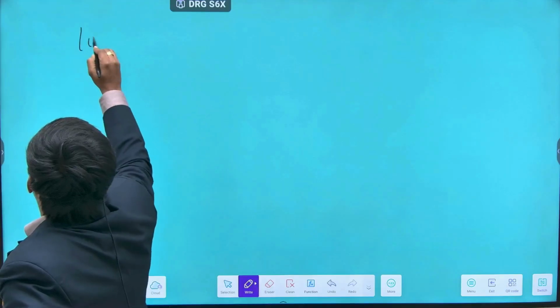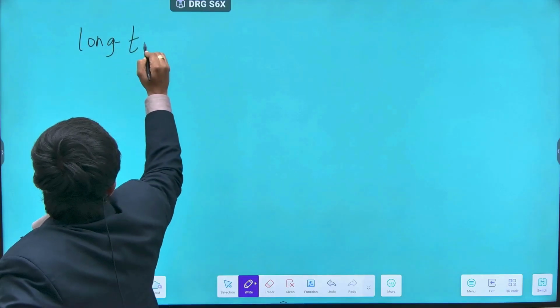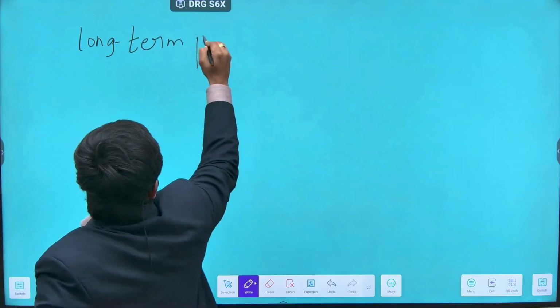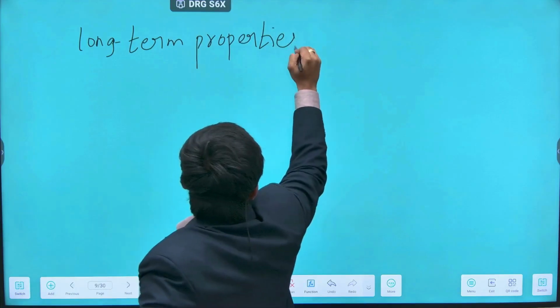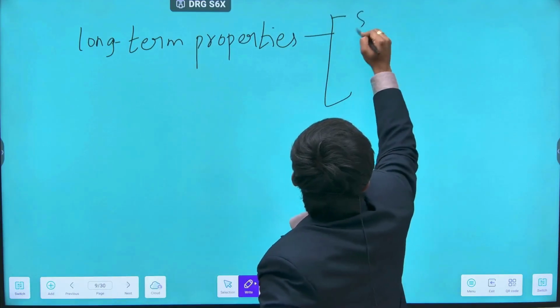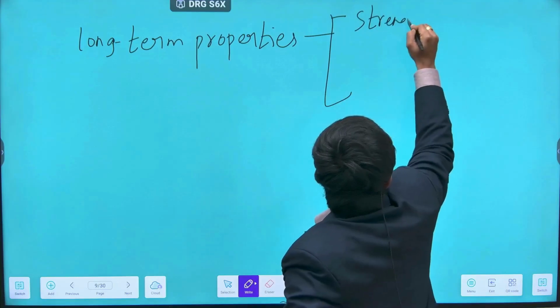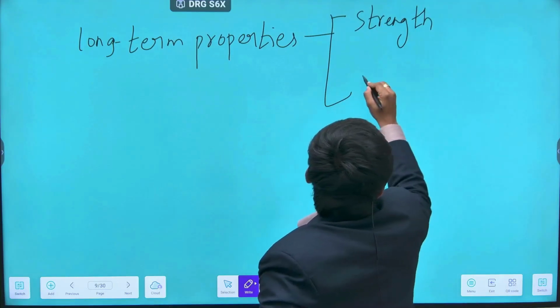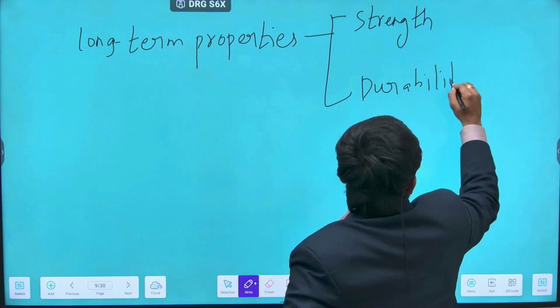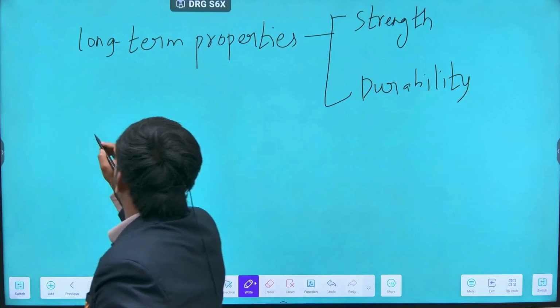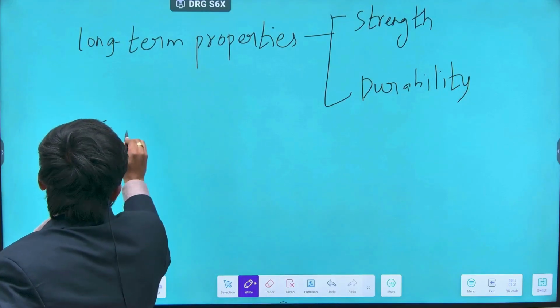What are long term properties? Strength, durability. I have discussed about these two terms in detail. What are fresh properties?